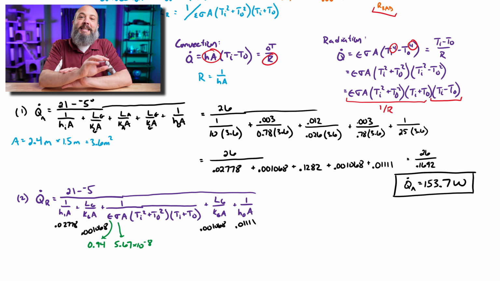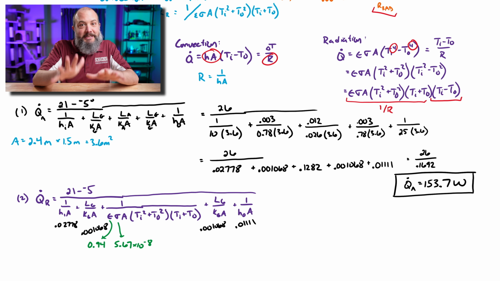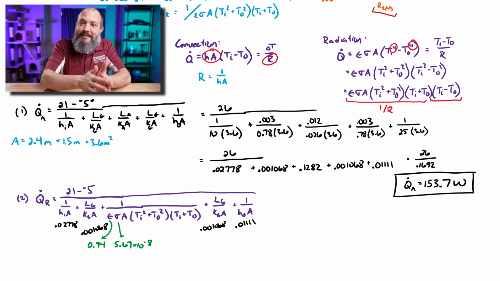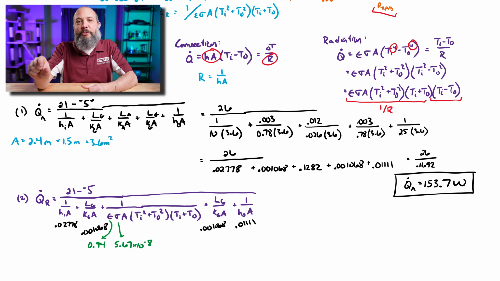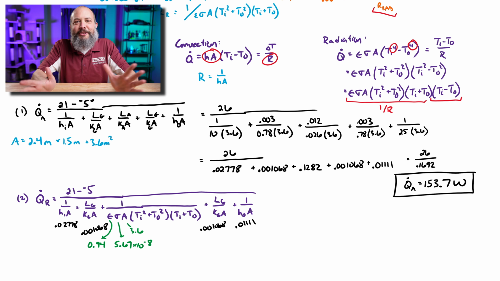And you see that this number, 10 to the negative 8, is a super tiny number, but it has to be really small because you've got temperatures raised to the 4th power. And those are going to be temperatures in Kelvin. So that temperature term is going to be enormous. So the Stefan-Boltzmann constant, 5.67 times 10 to the negative 8. And then area A is just the same 3.6 we've been using for all the surface areas.